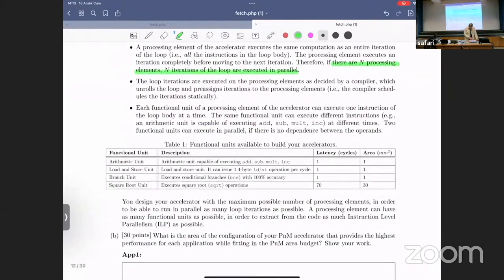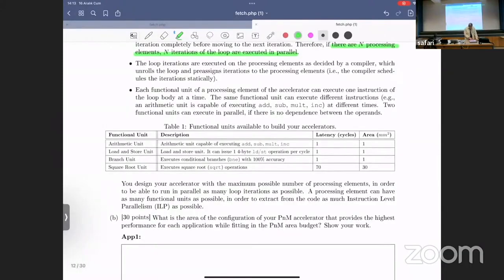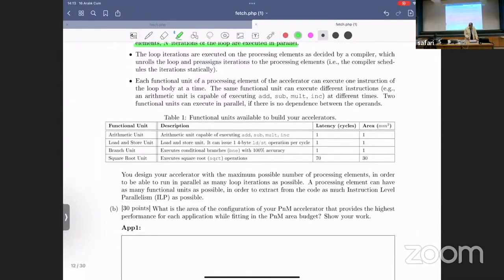It's not that important. It also says here that you can reuse functional units inside the processing element in case there is no data dependence for that particular operation. So two functional units can be executed in parallel if there is no dependency between the operands.